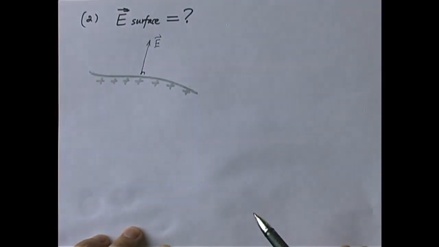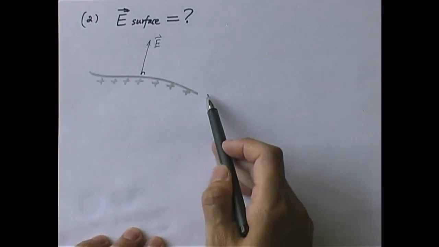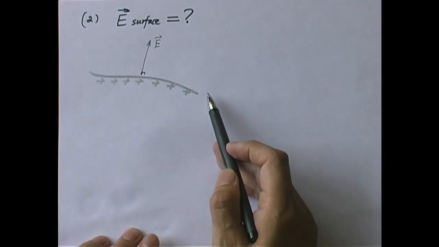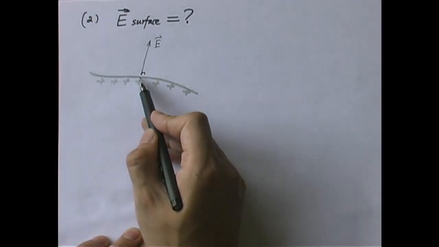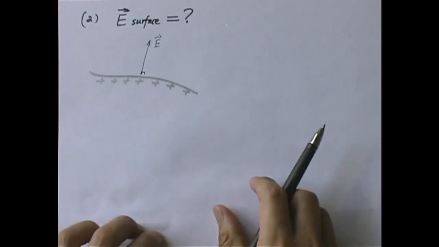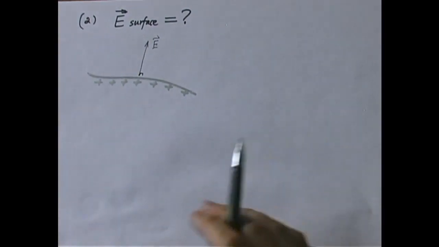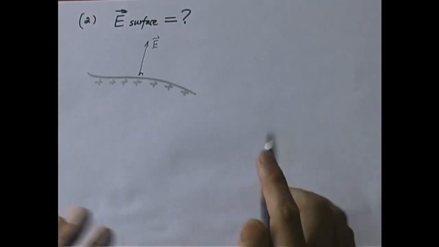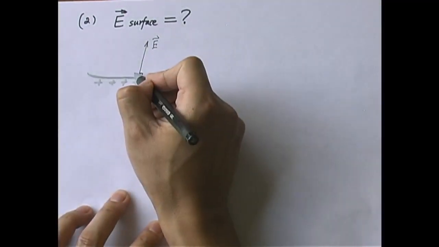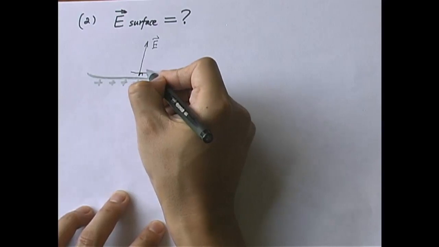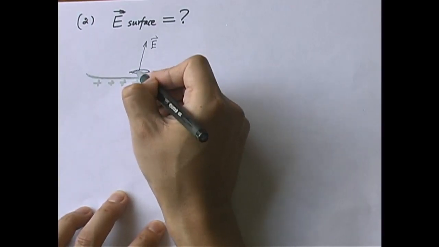We know the direction already. What's the magnitude? The surface itself can have a complicated contour, but I just want to know the electric field locally, at this particular location. So I'm going to magnify the surface and take a small region.